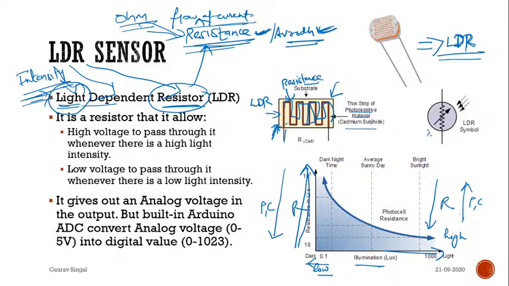If it is getting sun rays, it will allow power to pass. So high voltage passes whenever there is high light intensity, and low voltage passes whenever there is low light intensity.